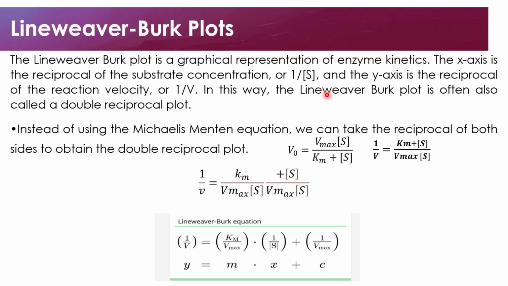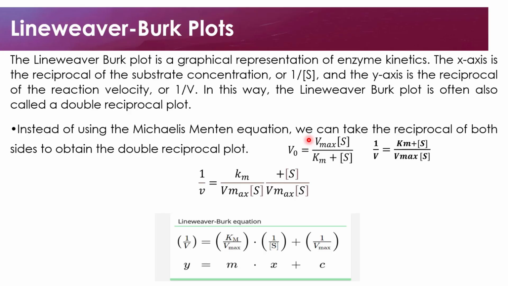In this way, the Lineweaver-Burk plot is often also called a double reciprocal plot. Instead of using the Michaelis-Menten equation directly, we can take the reciprocal of both sides to obtain the double reciprocal plot.